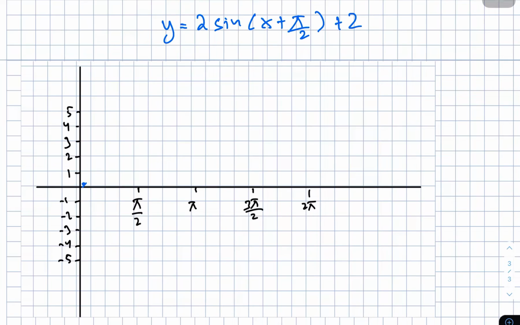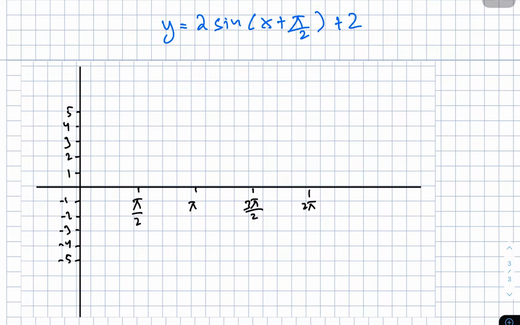That graph will look something like this. Something like this. But we also have a vertical shift of plus 2. So therefore, we have to start the graph at 2.